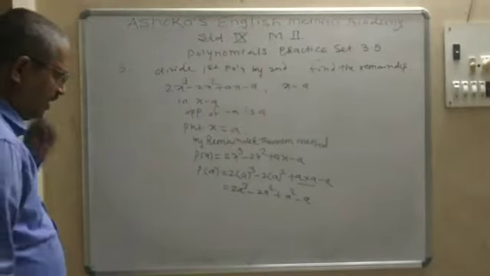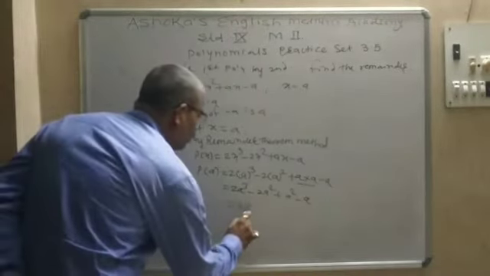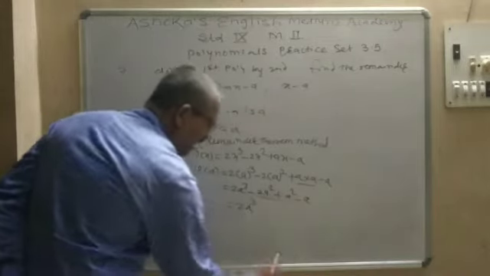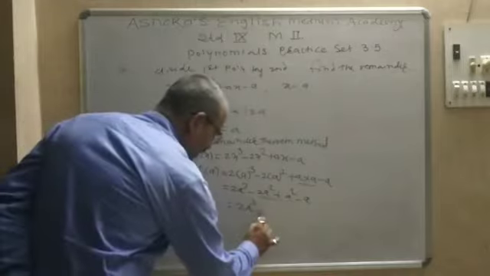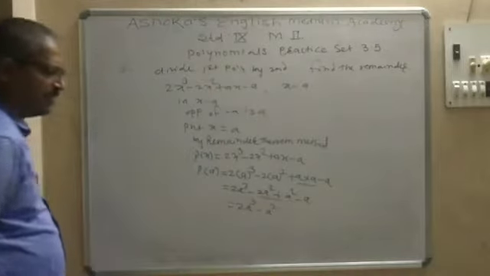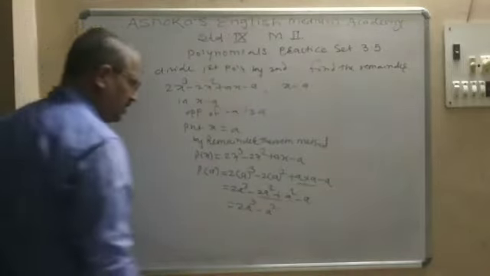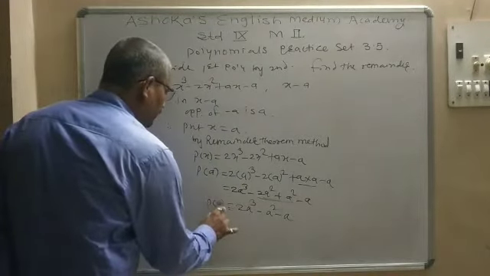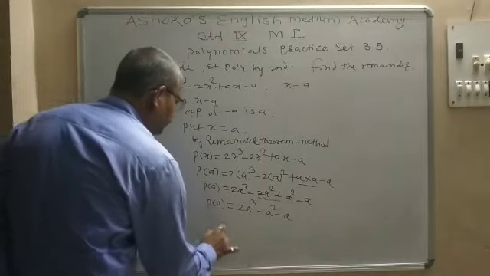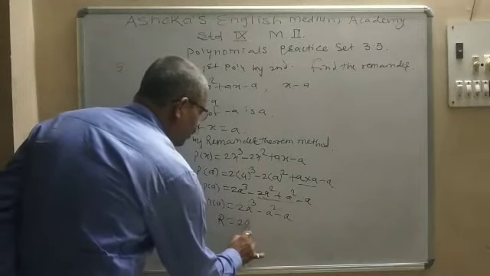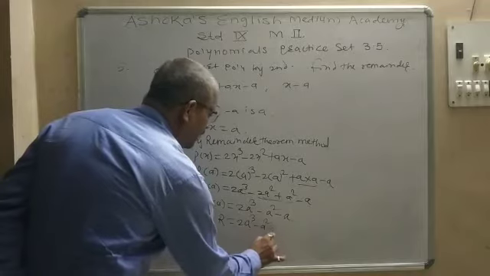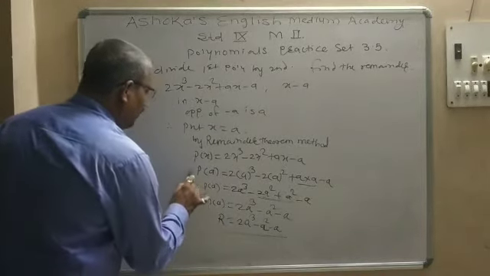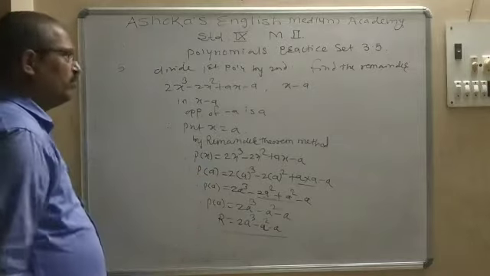Then 2a raised to 3 stays as it is, minus 2a square plus a square gives only minus a square, and minus a as it is. Therefore, the remainder is equal to 2a cube minus a square minus a. That is the answer. Don't forget to put the therefore sign.